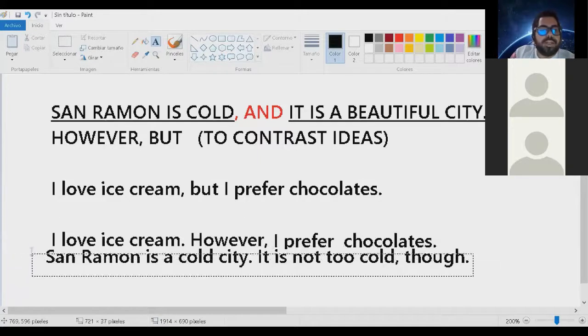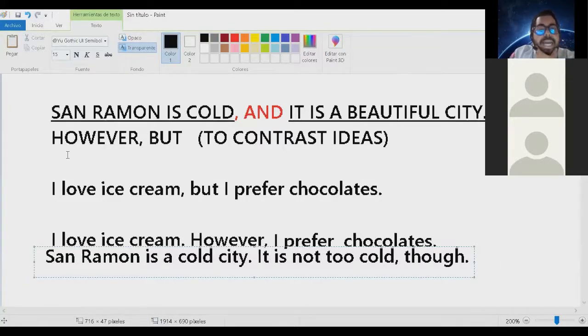So look at this, guys. By now, my purpose with this topic, por ahora, lo que quiero y mi objetivo el día de hoy, guys, es que las palabras although, though, however, and but no sean palabras desconocidas.